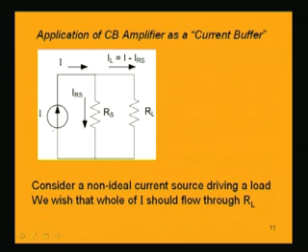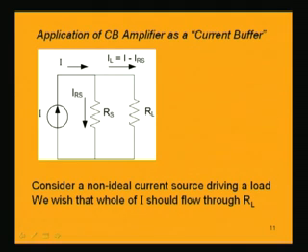Suppose, for example, in this circuit we have a current source with a current I, and we know that all current sources have a resistance in parallel with them. Ideally that should be infinity, because then no current will flow through the R S, and all the current will flow through the load, but practically that does not happen, because the resistance in parallel with the current source generally has a value less than infinity.